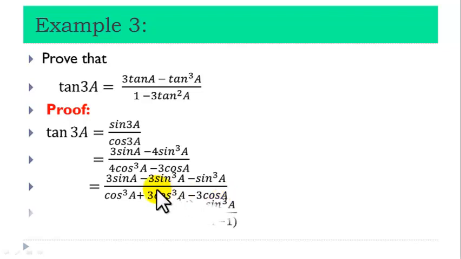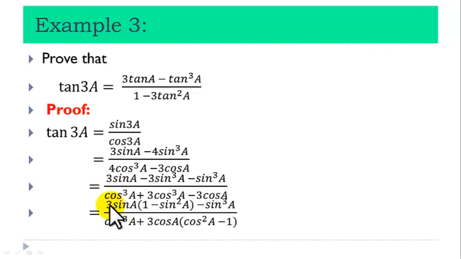This is equal to, in these first 2 terms, let us factor 3 sine a out so that we will obtain 3 sine a into 1 minus sine squared a, then minus sine cube a all over cos cube a. In these other 2 terms, we have also a common factor, so we factor 3 cos a out, and that will give us cos squared a minus 1.